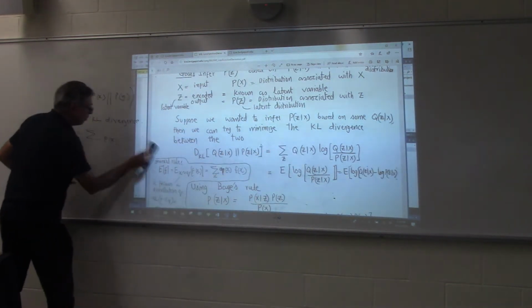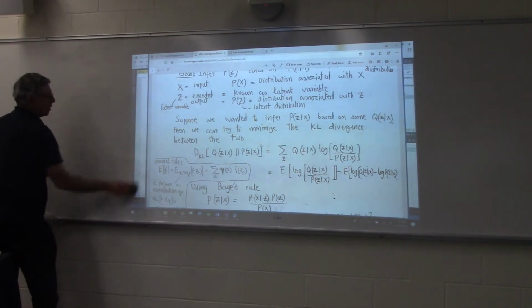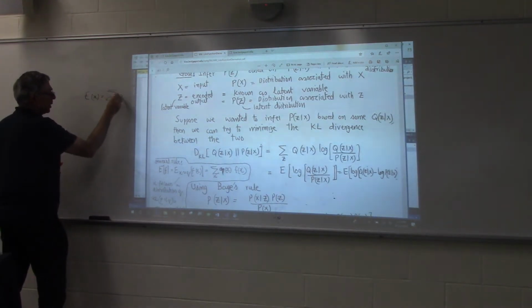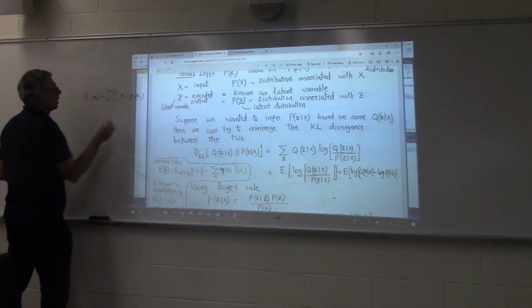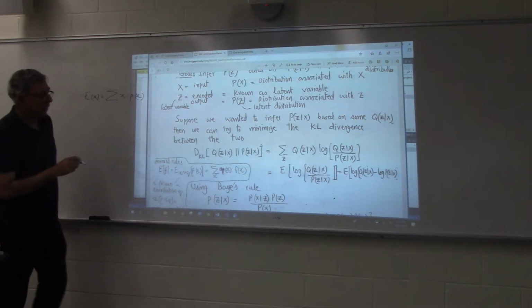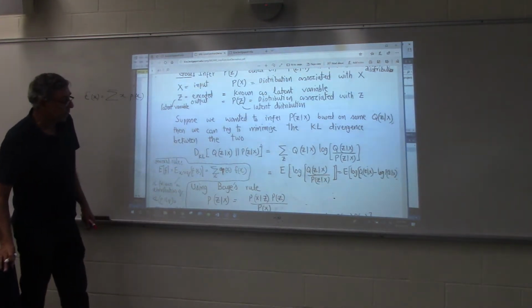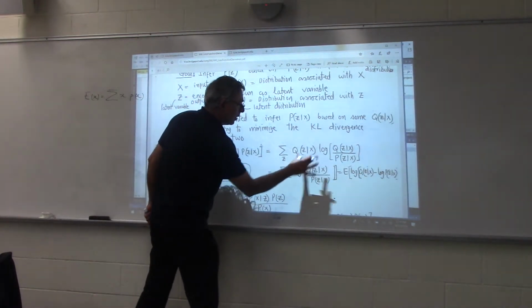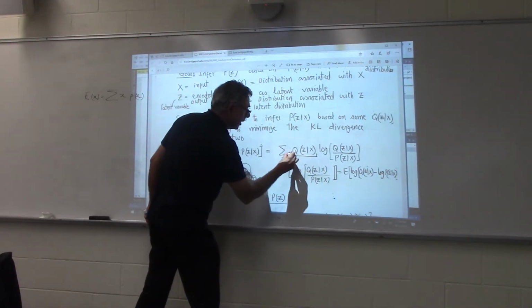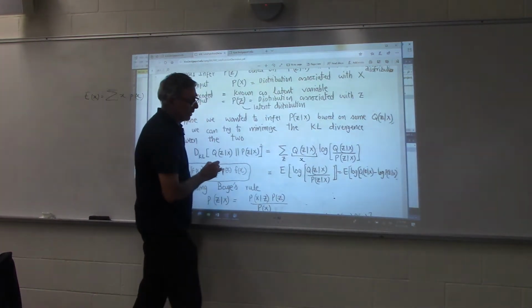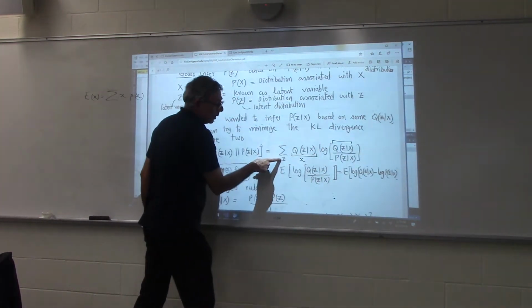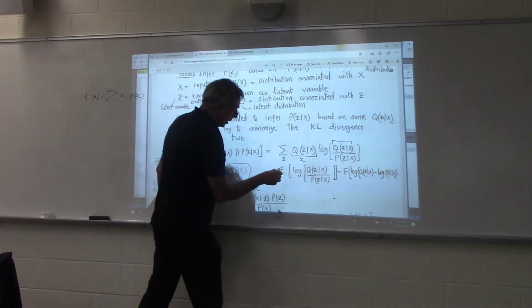Now recall one more concept. If you are given, let's say, the expectation of x is basically the summation of x p of x. So if you take a look at this part over here, think of this like x, because this is with respect to the variable z.